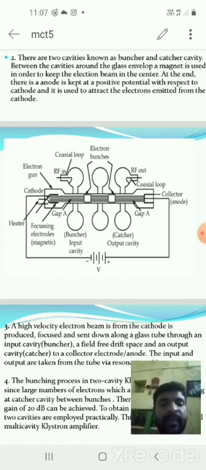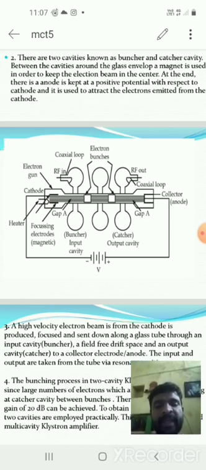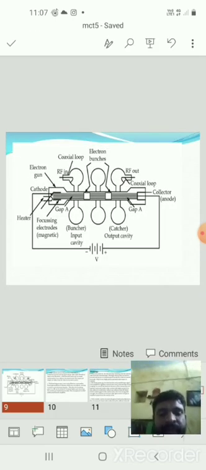In this way, more cavities are used to increase the gain of the multi-cavity klystron amplifier. So this one is the multi-cavity klystron amplifier.